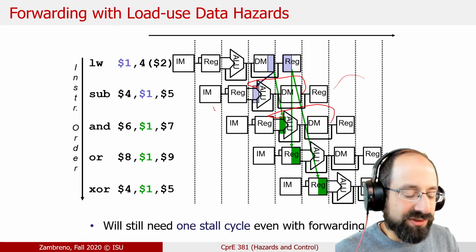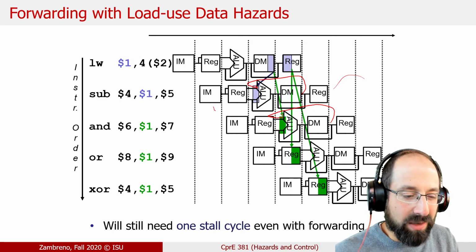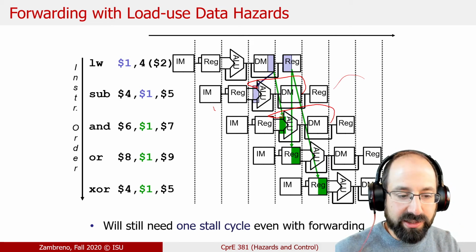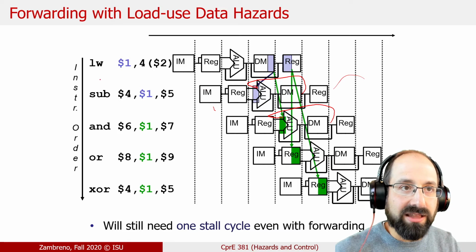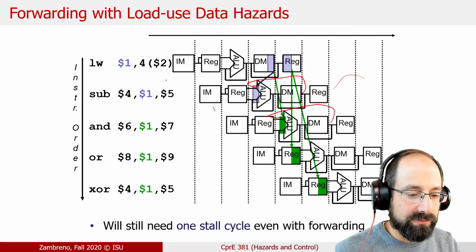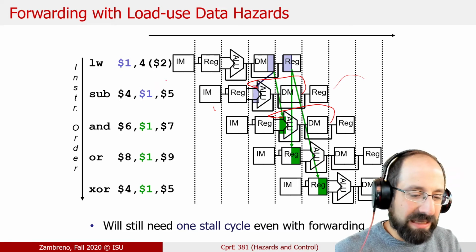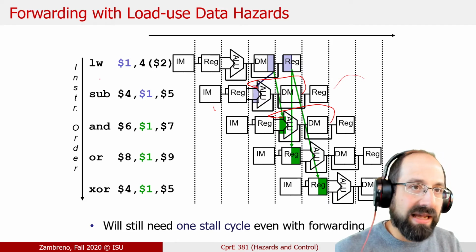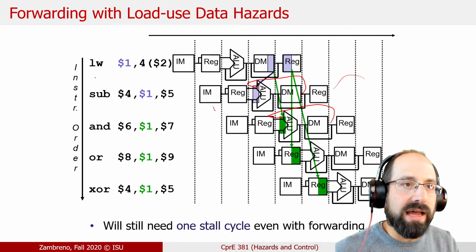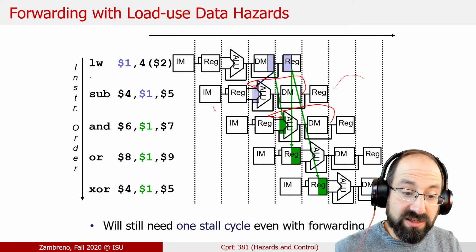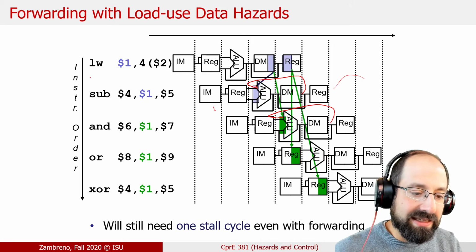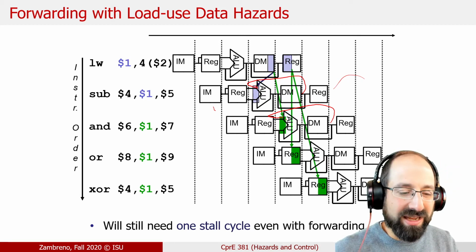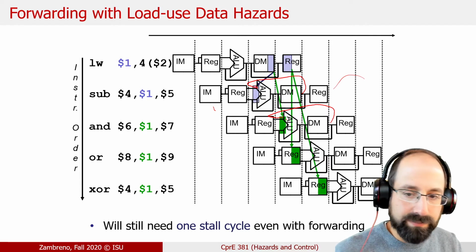You can think of it as inserting a no-op. That's one way to think about it, but it's something we're dynamically inserting into our pipeline versus the compiler inserting the no-op for us. Conceptually, performance-wise, it's the same thing. By inserting a no-op between the load word and the sub instruction, we still have the load use dependency, but because it's 2 cycles apart, we can now resolve that with forwarding as well.